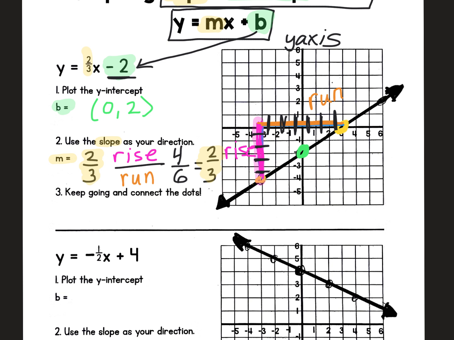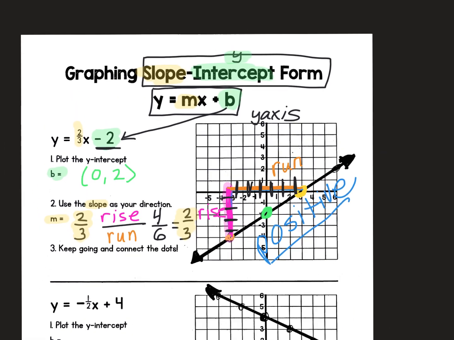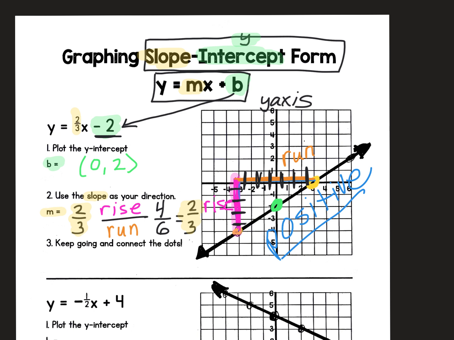You can see that this particular line is increasing, so it's got a positive slope, which is why this 2/3 is a positive 2/3, not a negative 2/3. So again, keep in mind that the number in front of the x is what tells you your slope, and then the constant that is after that slope tells you your y-intercept.